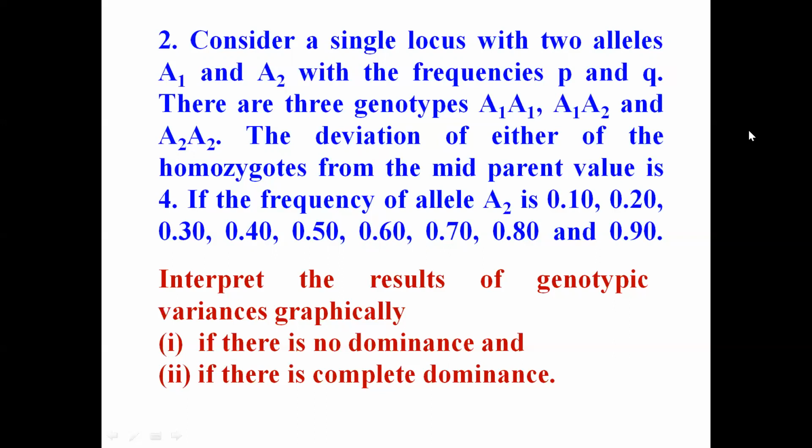If the frequency of allele A2 is 0.1, 0.2, 0.3, 0.4, 0.5, 0.6, 0.7, 0.8, and 0.9, interpret the results of genotypic variances graphically.